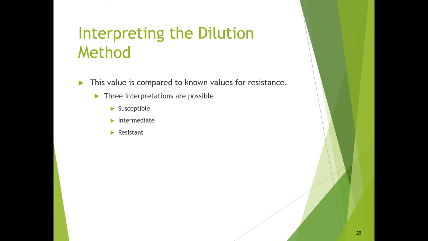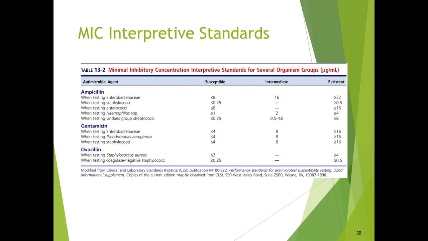There's a manual in the laboratory that we use to determine those known values. So you look up your organism, you look up your antibiotic, you find that MIC or zone of inhibition, and that's going to correlate to either susceptible, intermediate, or resistant to that particular antibiotic. I know that might be a little bit fuzzy now, but we're going to apply it in lab.